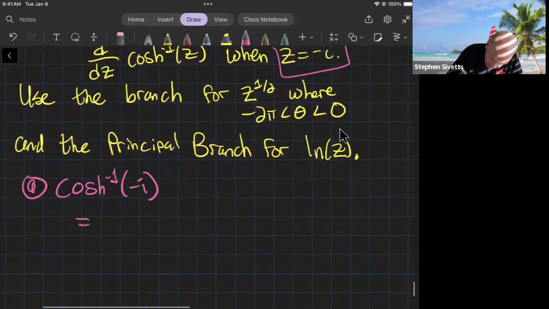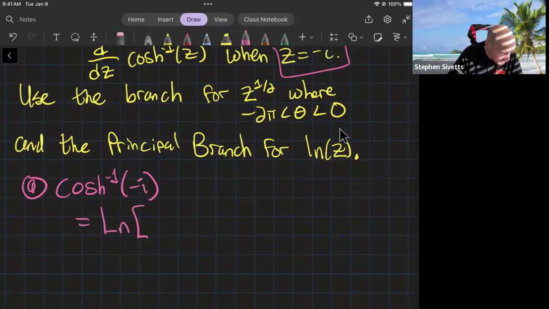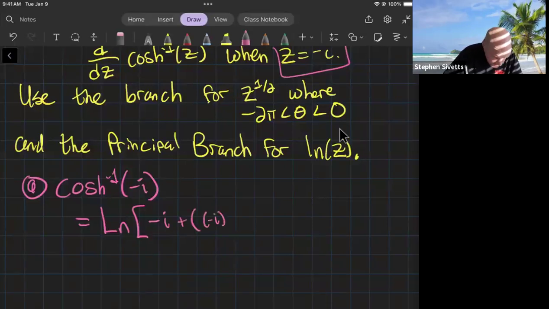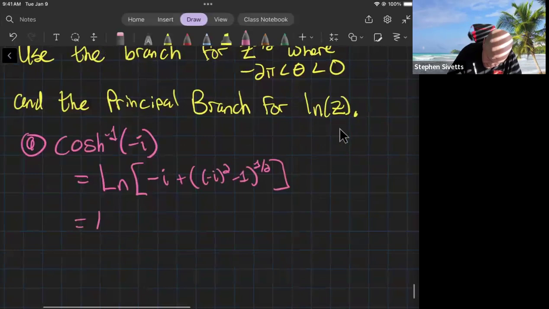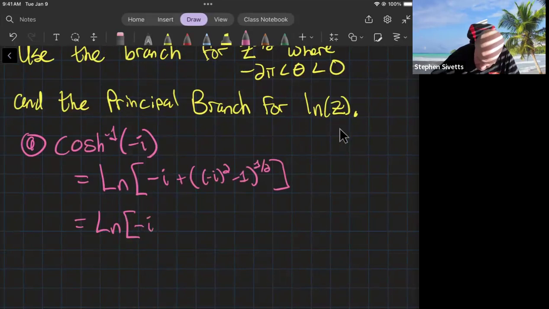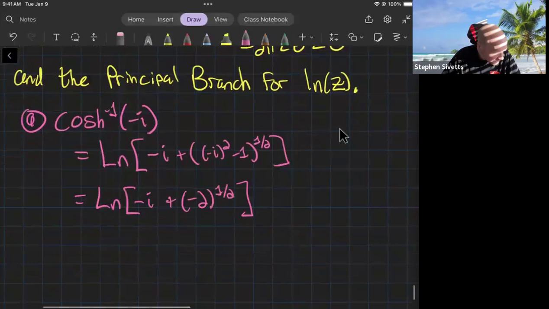By definition, this equals capital natural log of minus i plus minus i squared minus 1 to the 1/2 power. And so this equals capital ln of minus i plus minus 2 to the 1/2 power, since i squared is minus 1.